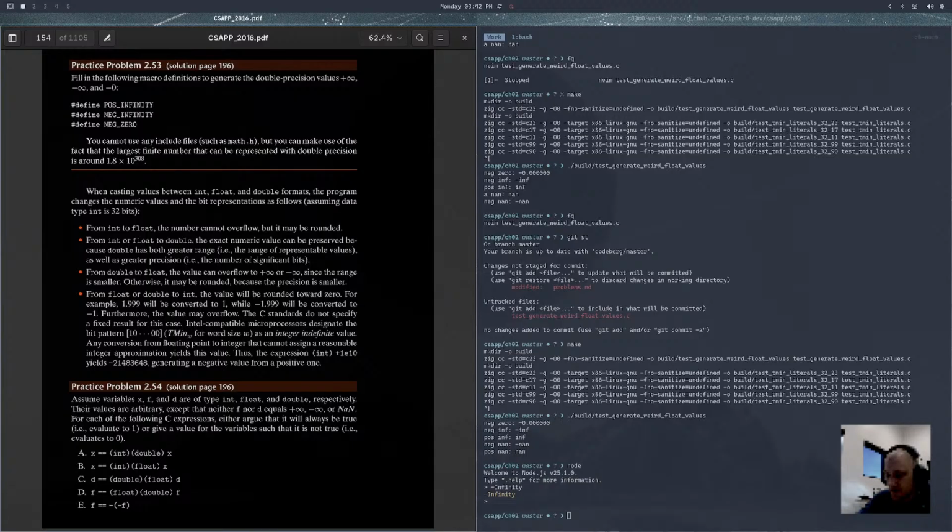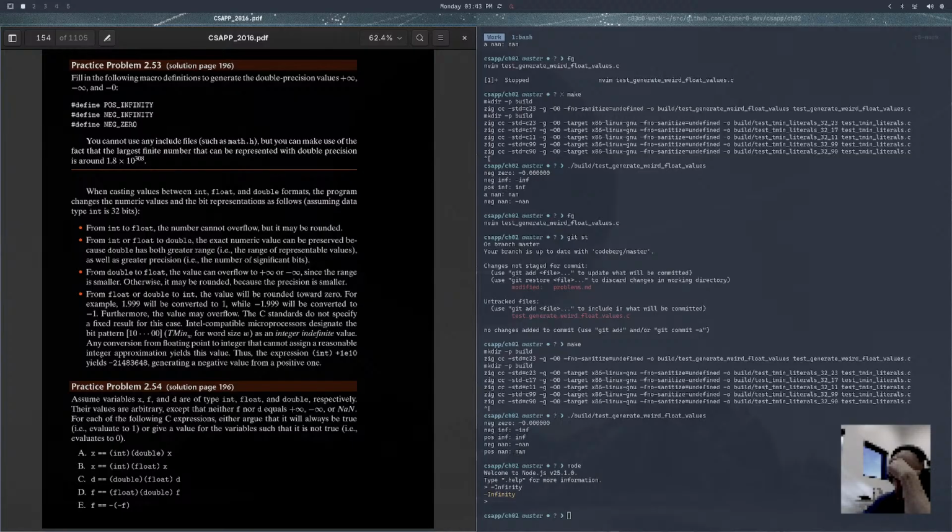Practice problem 2.53: fill in the following macro definitions to generate the double precision values so-and-so. You cannot use any included files such as math.h, but you can make use of the fact that the largest finite number that can be represented with double precision is around 1.8 times 10 to the 308.